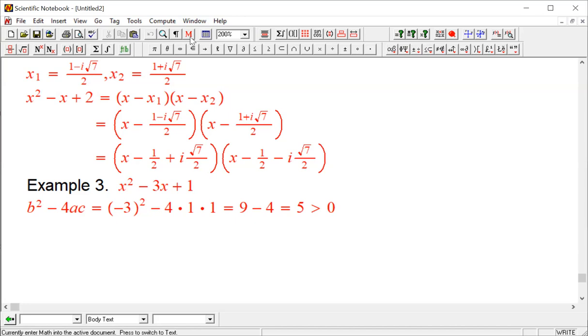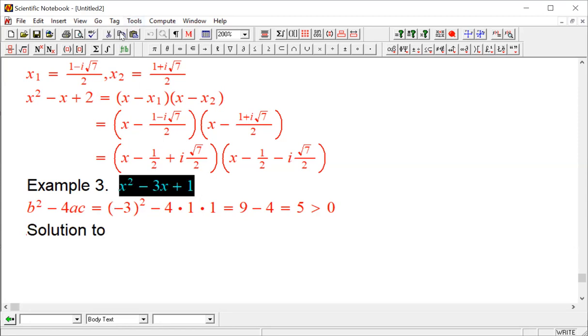We'll also have factors. So the solution to the equation equals 0 are, okay, x equals to 2a, 2 times 1, since a equals 1.